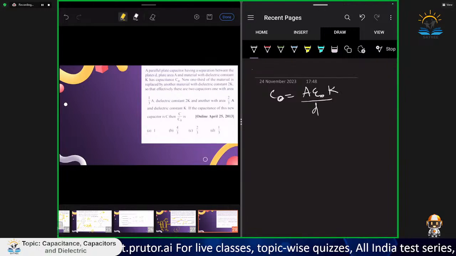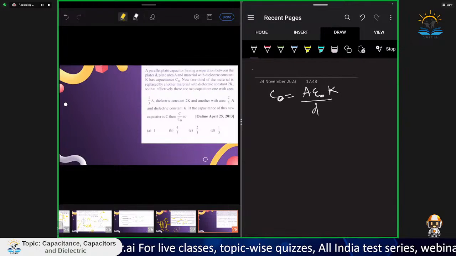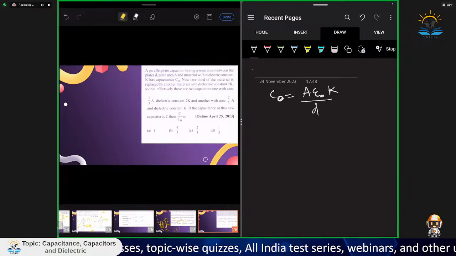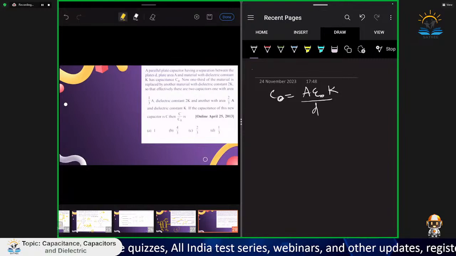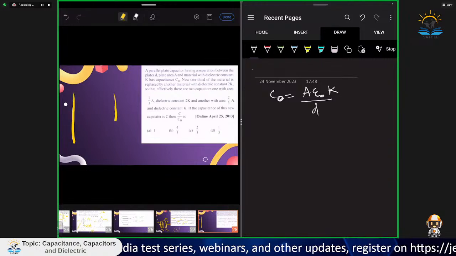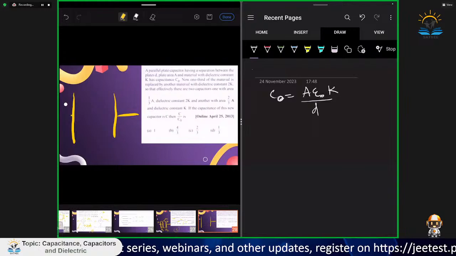So that effectively there are two capacitors, one with area 1 by 3 A. This will actually be a parallel connection, right? We can make a diagram. One third they replaced.